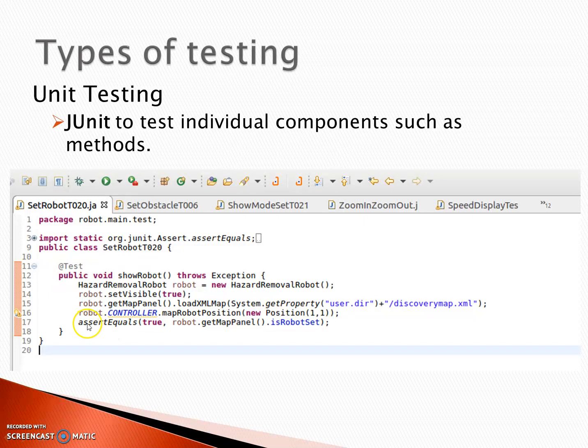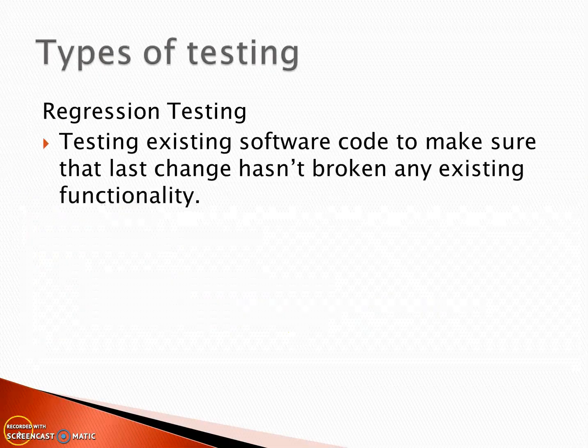Then we use the assert equal function to check whether the isRobotSet flag is true. The isRobotSet flag will only be true when the robot is set in the map. So if the isRobotSet flag is false, it means that the test fails.